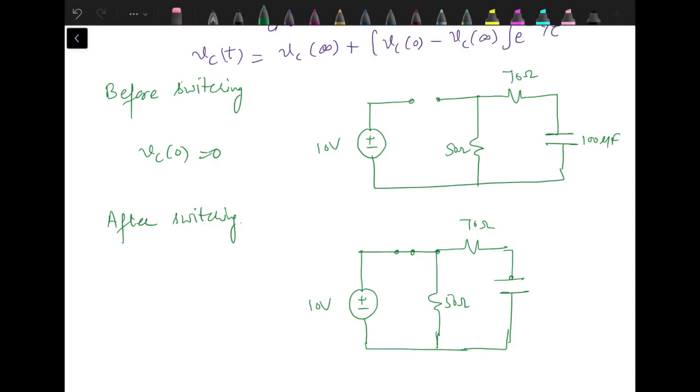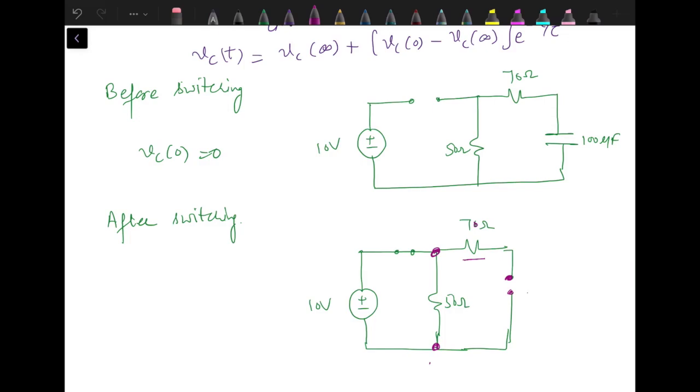Once the steady state conditions are achieved by the circuit, this capacitor will behave as an open circuit. So when it is replaced by an open circuit, the current through the 70 ohm resistance will be 0. There is no drop across the 70 ohm resistance. So whatever the voltage is across this 50 ohm, the same is the voltage across the capacitor.